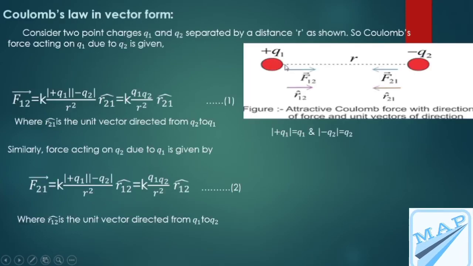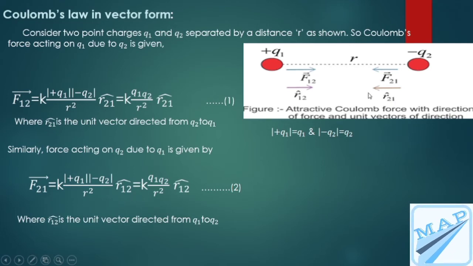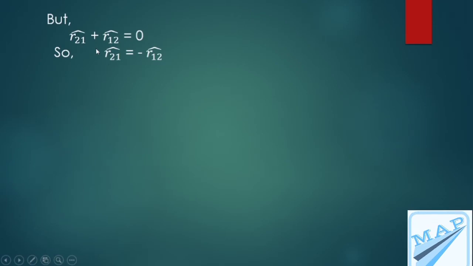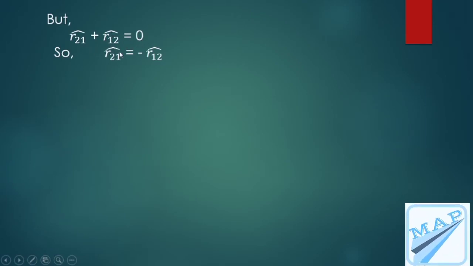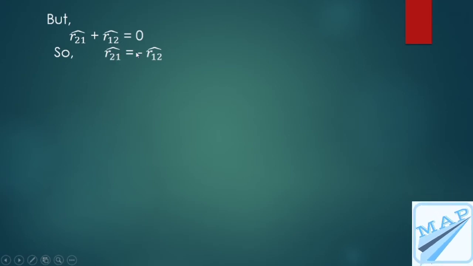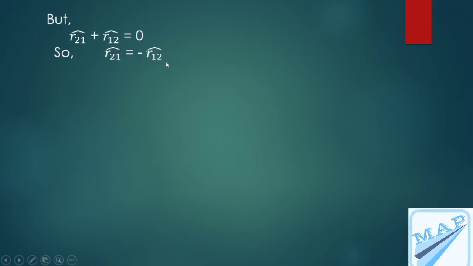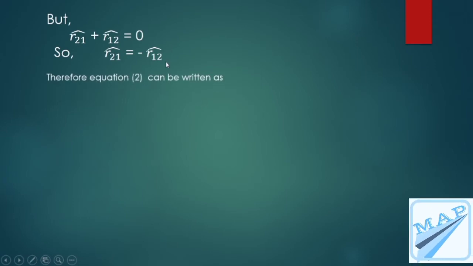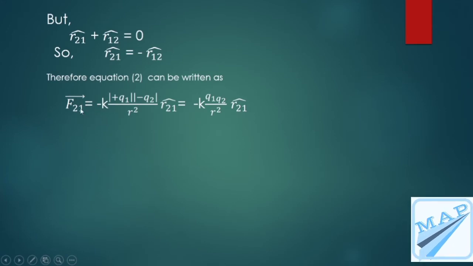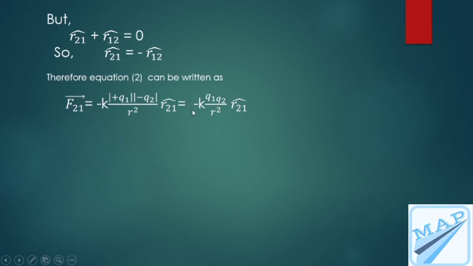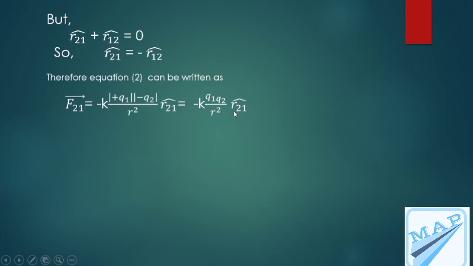In the pictorial graph you can see the direction of r12 cap and the direction of r21 cap, both are directed toward each other. So you can write r21 cap plus r12 cap is equal to 0, and from this r21 cap is equal to negative of r12 cap. Therefore equation number 2 can be written as vector F21 is equal to minus k q1 q2 upon r square r21 cap.